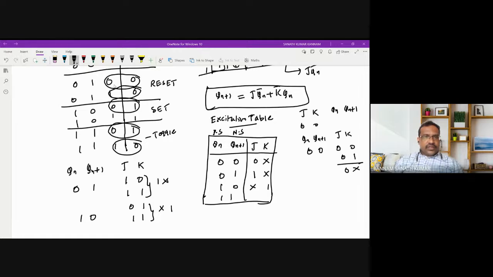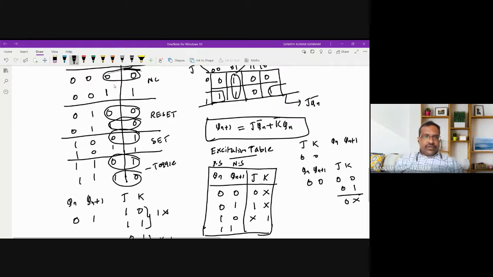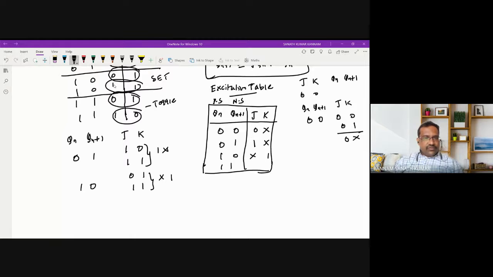And next, if it is 1, 1, in this case, J and K are 1, 0 and 0, 0 and 1, 0. That means you can write don't care, 0.